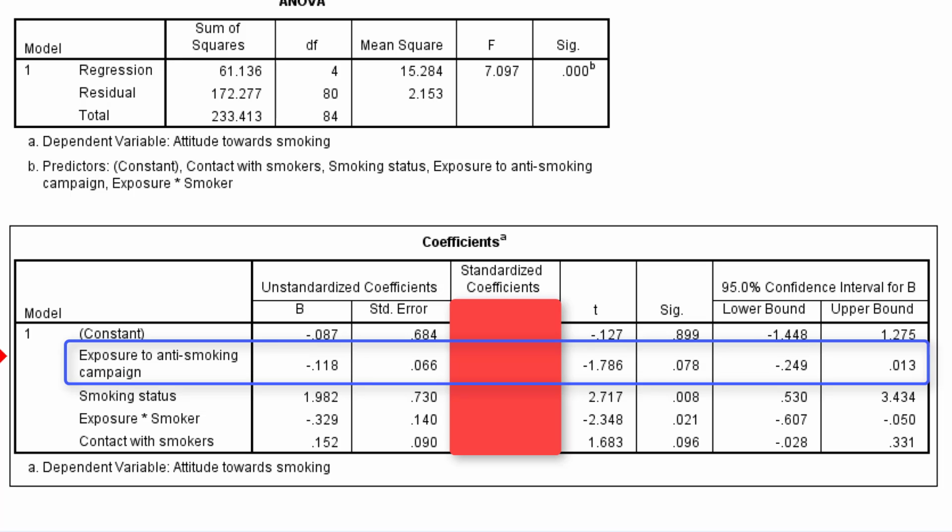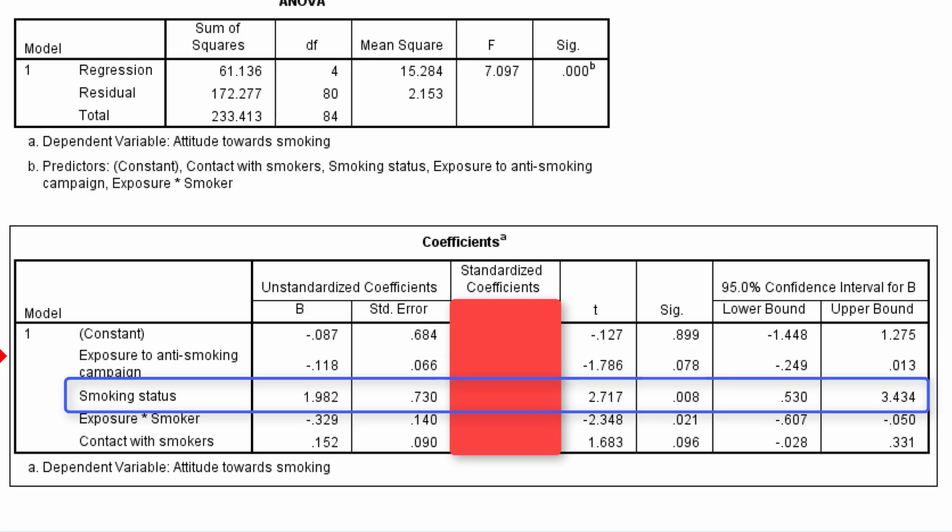So for non-smokers, there is a slightly negative effect of exposure on attitude towards smoking, and the 95% confidence interval tells us that it is most likely to be between minus 0.25 and plus 0.1. So it includes 0. And the statistical test is not significant at the 0.05 level, but the confidence interval suggests that it's quite likely that the effect is negative in the population.